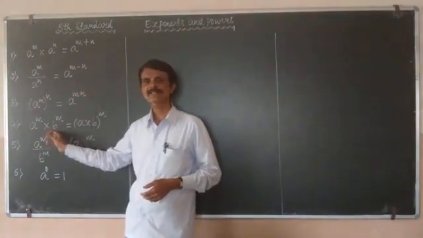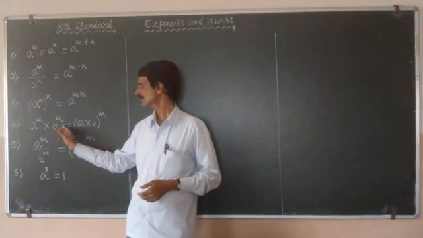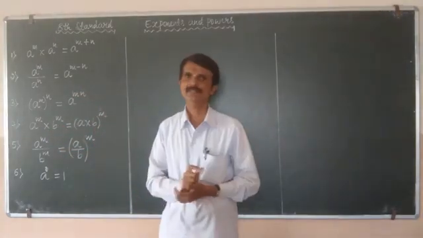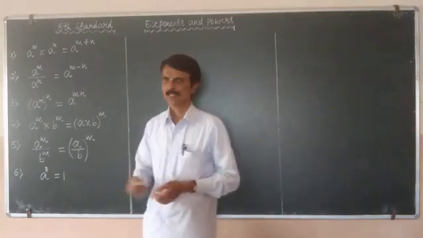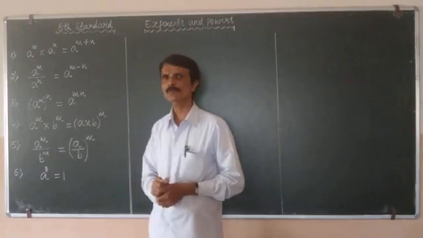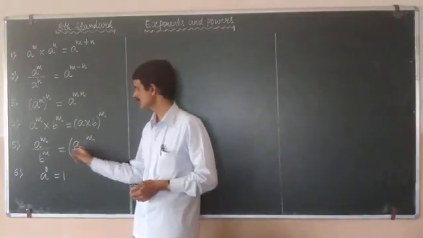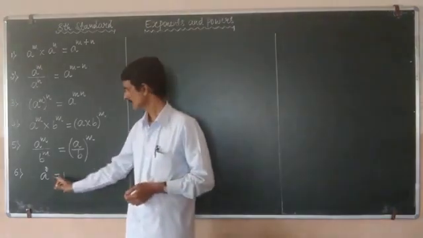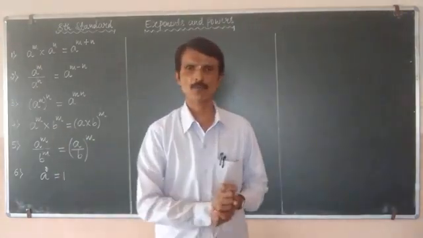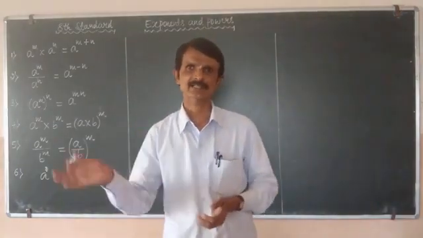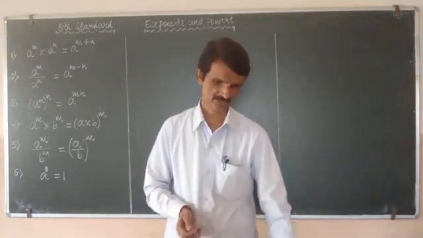The fourth one is a to the power of m into b to the power of m is equal to a into b to the power of m. The fifth one is a to the power of m by b to the power of m is equal to a by b whole to the power of m. Lastly, the sixth one is a to the power of 0 is equal to 1.